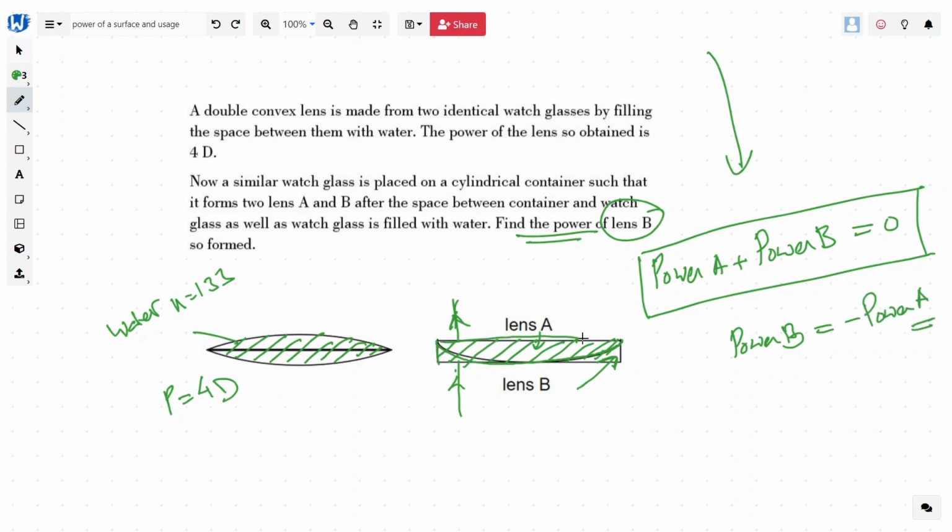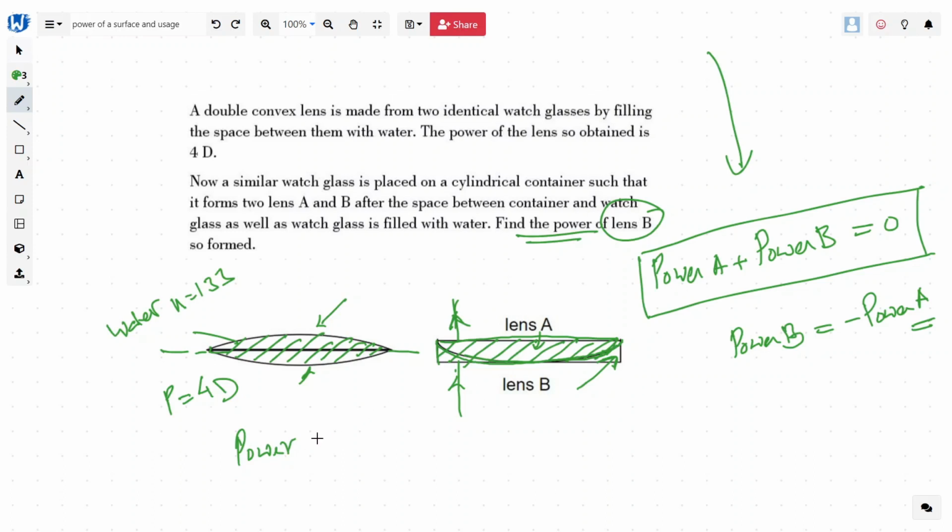Now can we find the power of lens A? It is a part of this lens. Because we are cutting this lens into two parts, and the power of this lens is the power of this surface and this surface, we are taking away the half.